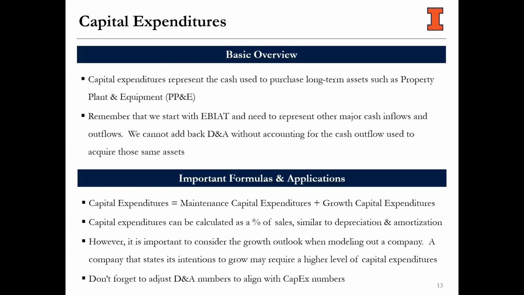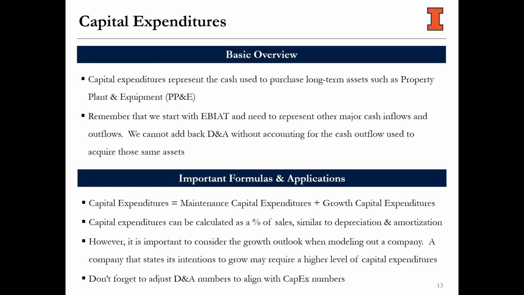Additionally, if you're going to work more closely with a company, whether at an investment bank or a private equity firm, you are looking at how much is maintenance and how much is growth, and how much you can get away with to increase your value in an LBO. Though we'll probably get into this a little more in the LBO class.